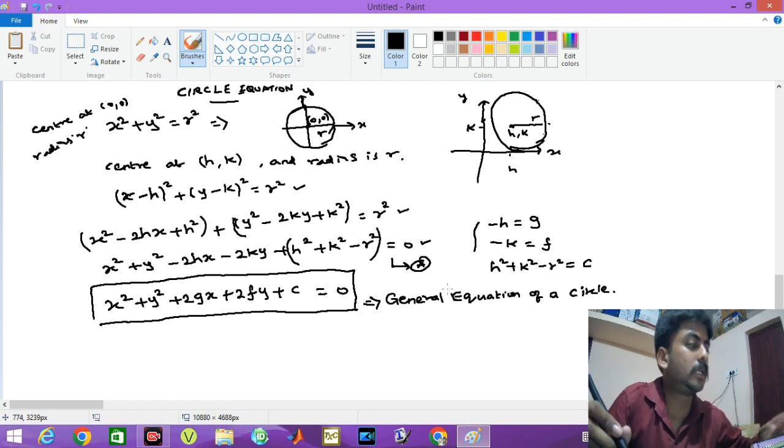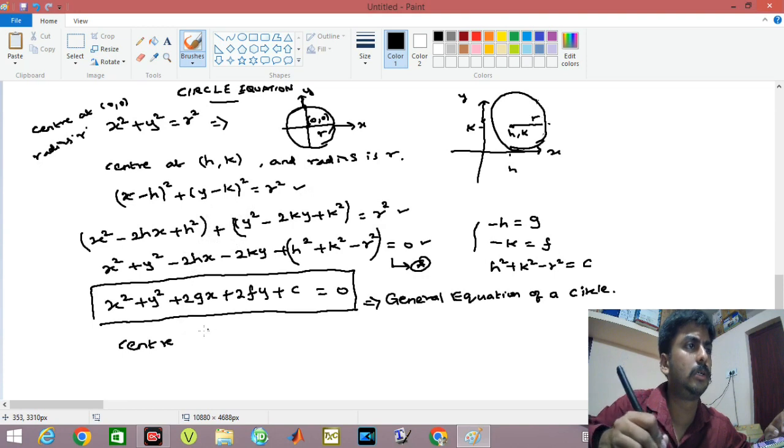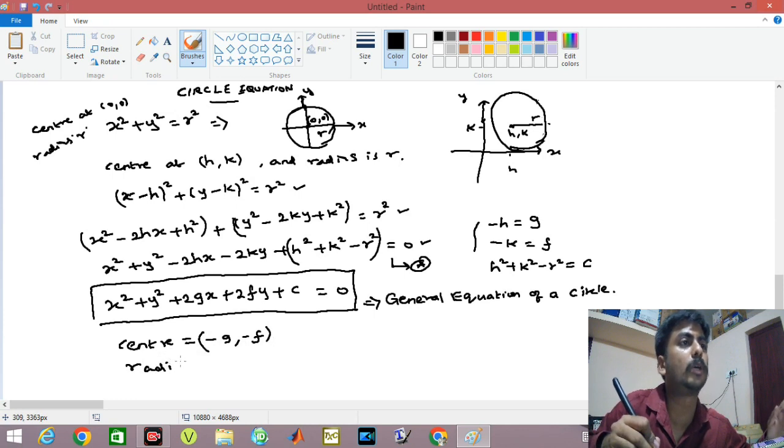So the center will be minus g comma minus f, and the radius is the square root of h square plus k square minus c.